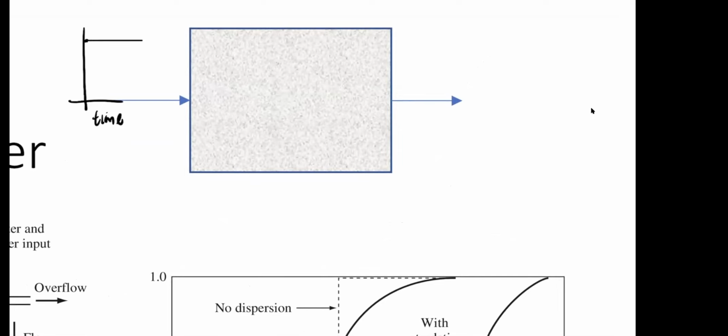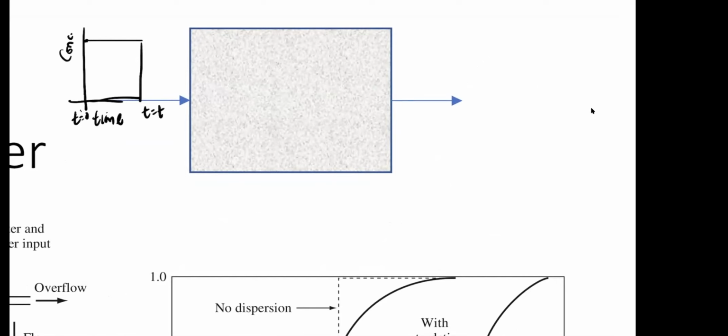So let's say this is like a box input, this is the profile of the concentration. That means t equal to 0, and this is t equal to t. So at time t, until that time you are injecting a certain volume, then you stop it.